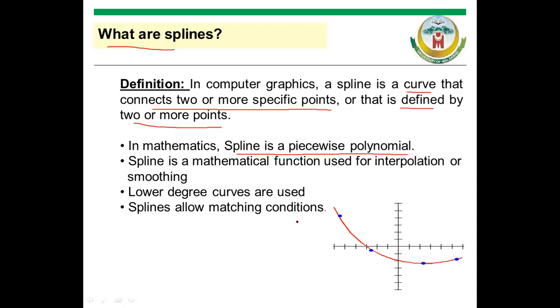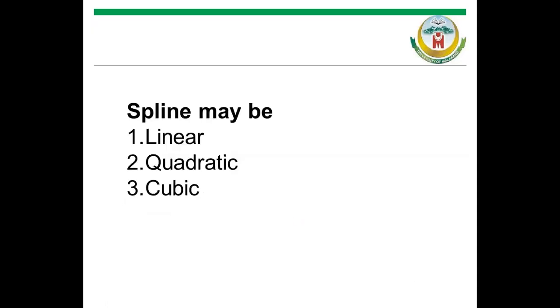Then we connect those pieces and get a final equation. That is called a spline. Splines can be linear, quadratic, or cubic. I will talk about these in my next lecture.